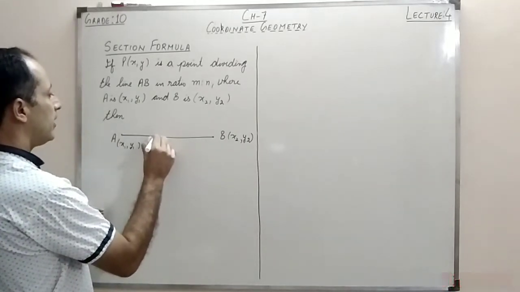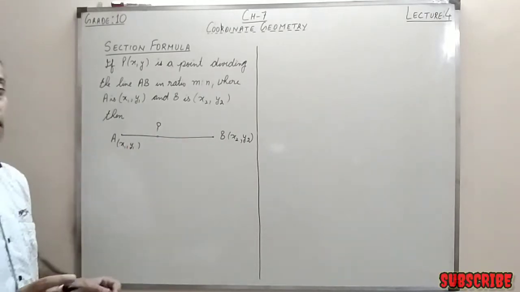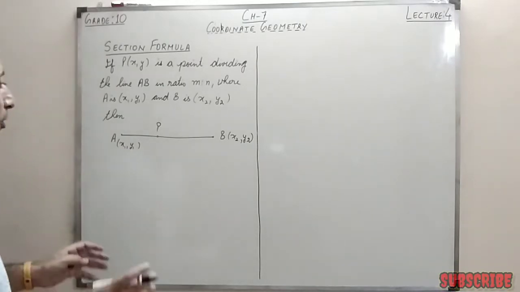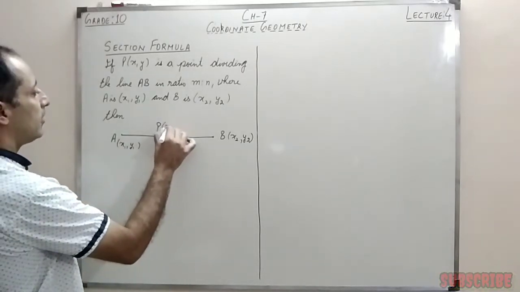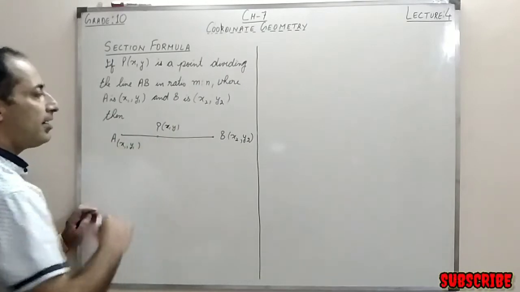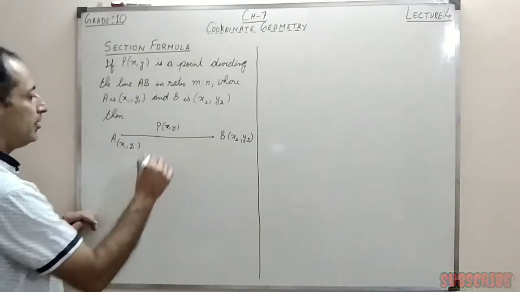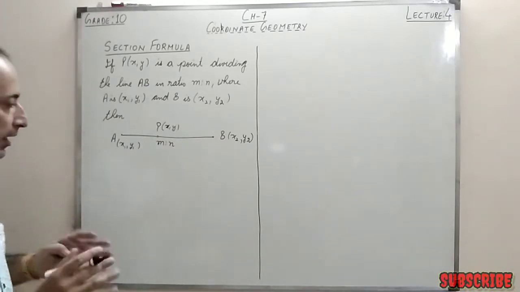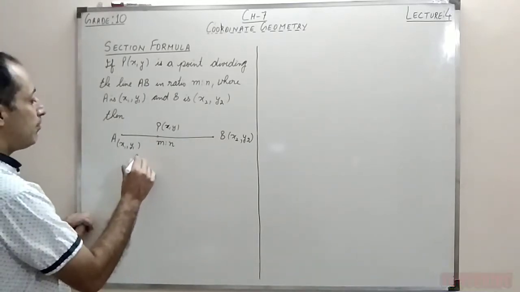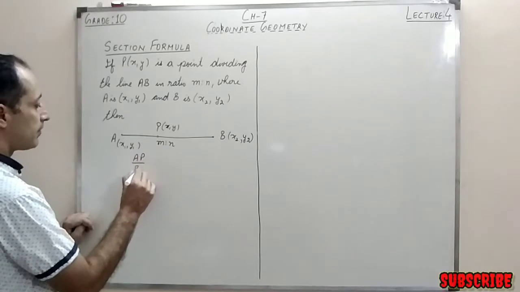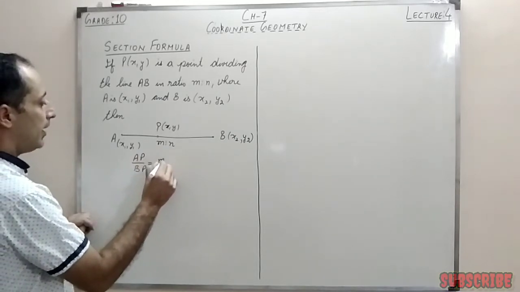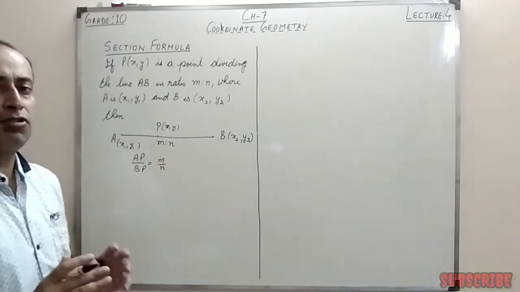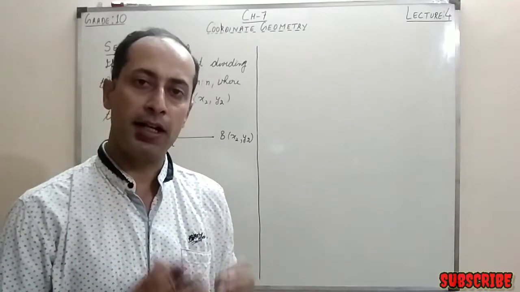Now, we have a point in the middle of the line joining AB, a point P with coordinates (x, y), and it divides this line in the ratio m:n. Now what does this mean actually? This means that AP upon BP is m/n. This is the actual meaning of this ratio, right?